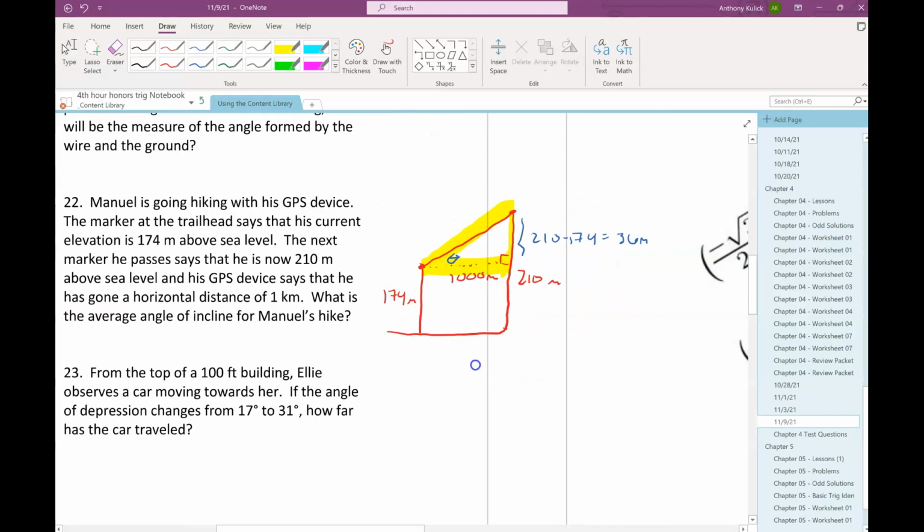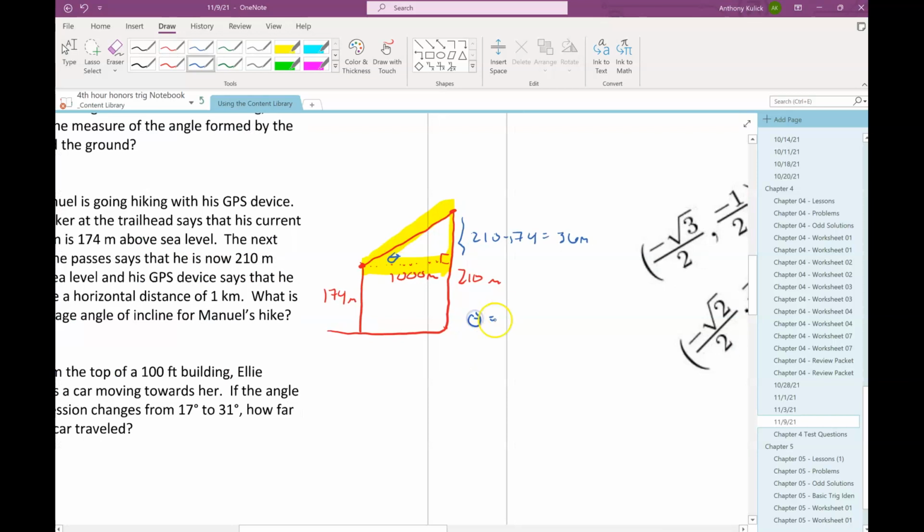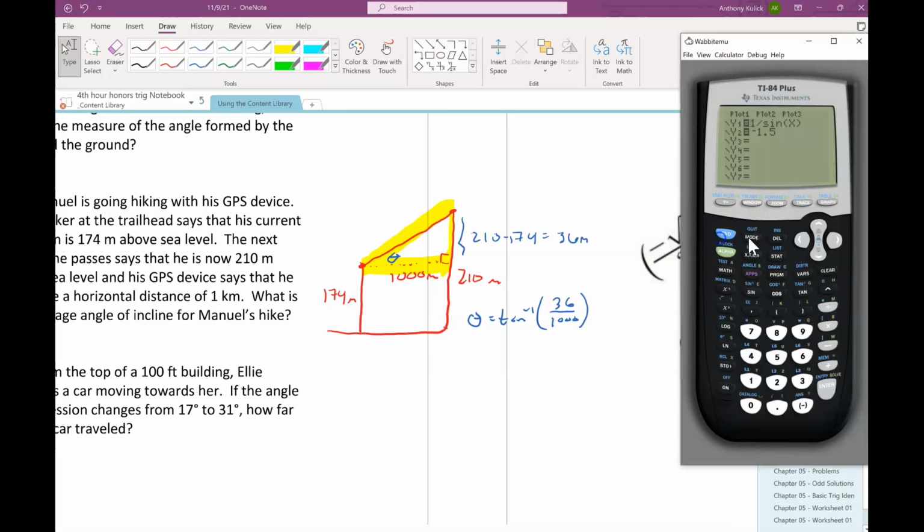So if I want that angle theta, I just need the tan inverse of opposite over adjacent. And I'm probably going to do this in degrees, since most of the time if you're talking about angle measures to normal people, typically we describe those in degrees, right?